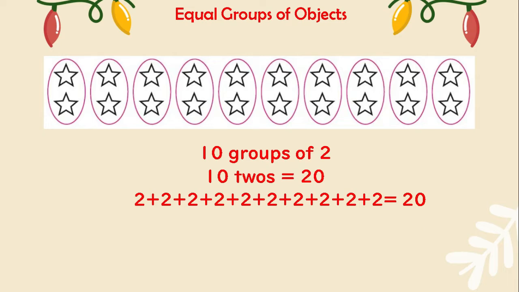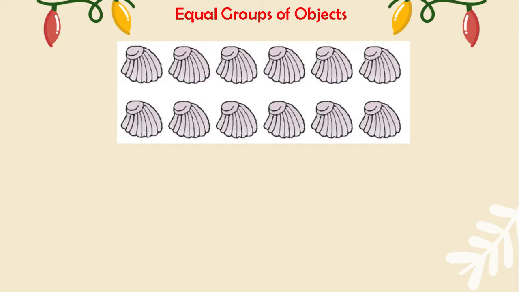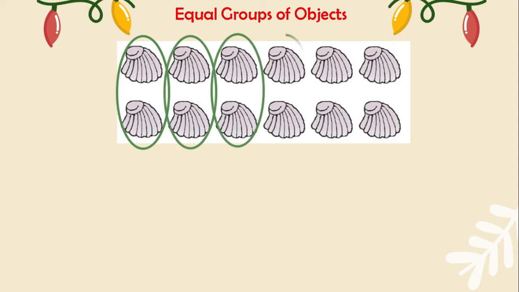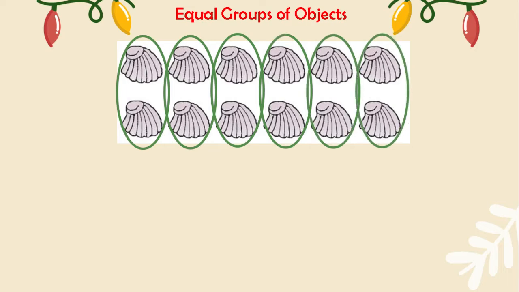Okay, another one. So in this picture, how many groups of 2 are there? So let's group these seashells here. So we have 1 group of 2, 2, 3, 4, 5, 6. Therefore, we have 6 groups of 2. And 6 2s is equivalent to 12.